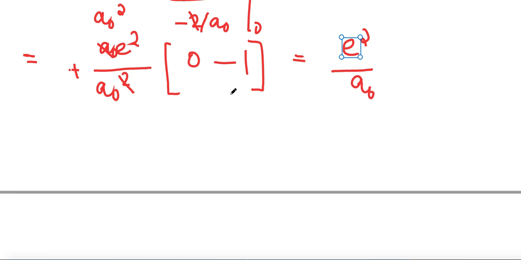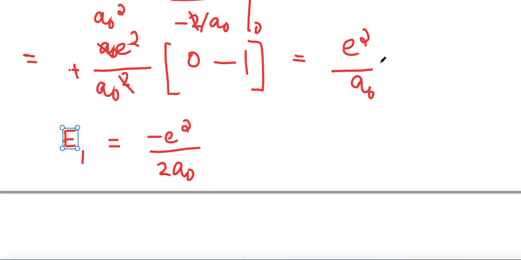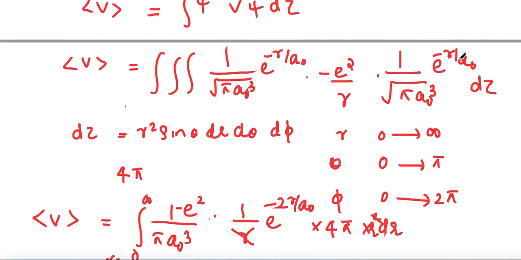What we know is that E at the ground state is equal to minus e square by 2a0. This is number 2. We already obtained number 1.